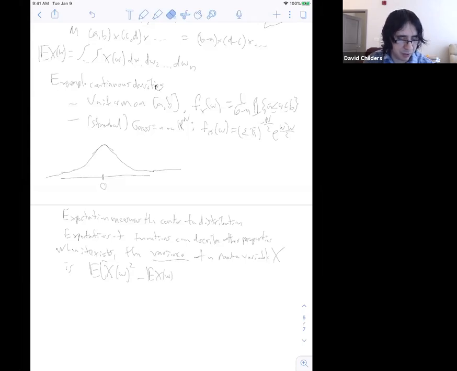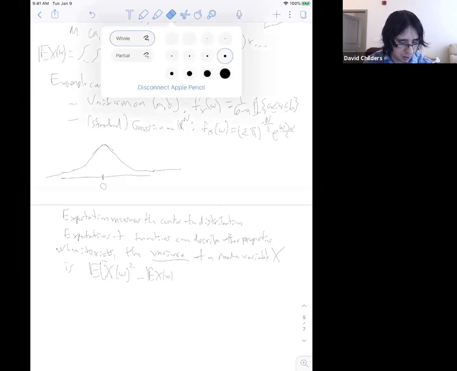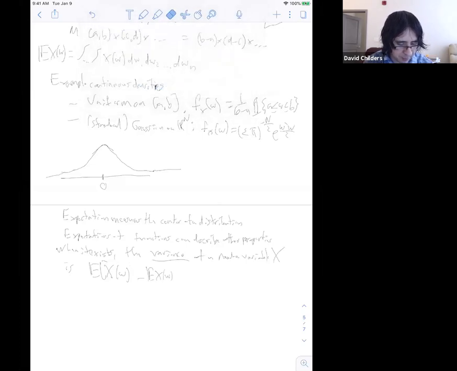So there are equivalent definitions here. Let me go over them one at a time. So the expectation of x omega minus the expectation of x omega, squared. The parentheses here are crucial. So it's x omega minus its expectation, squared. And so this is the average squared distance between x omega and its expectation.